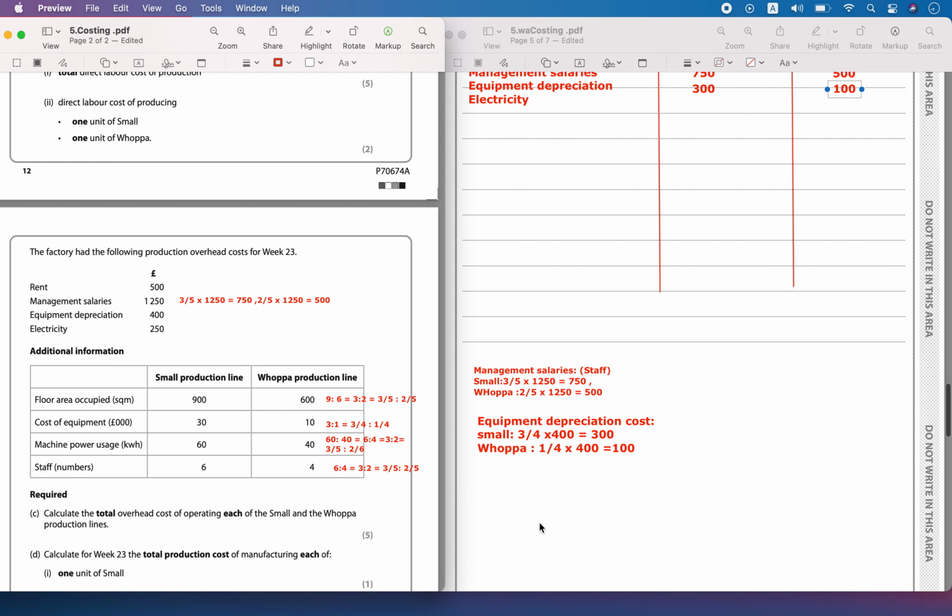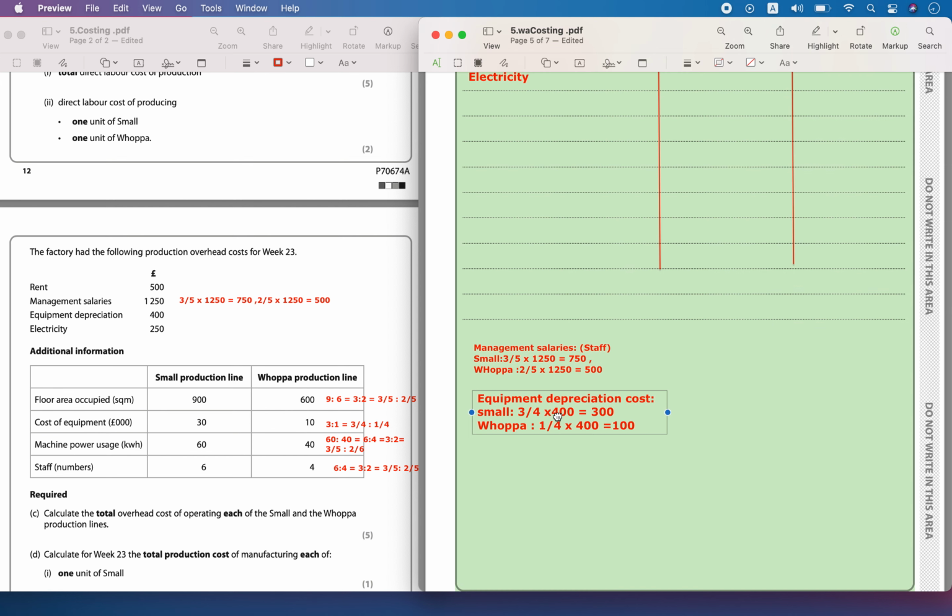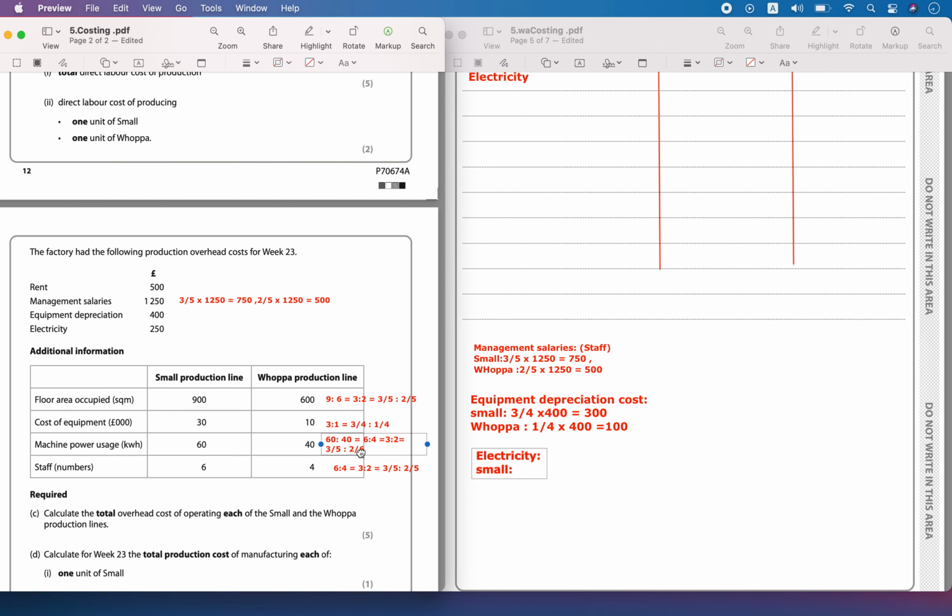And then you have electricity, which is 250. So let's write electricity. For the electricity, it is apportioned on the basis of machine power usage in the ratio of 60 is to 40, 3 is to 2.